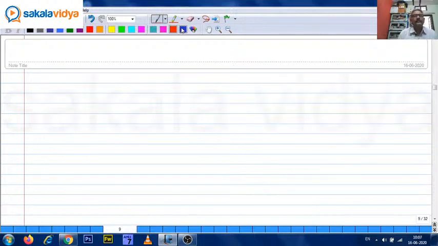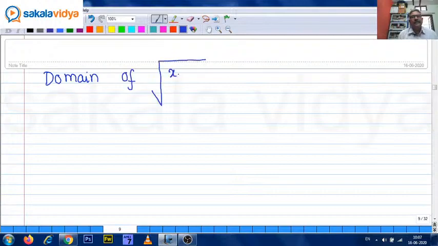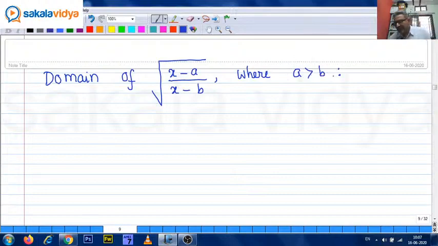Next, domain of root of x minus a upon x minus b, where a is greater than b. Then find it yourself. Suppose this question is given.